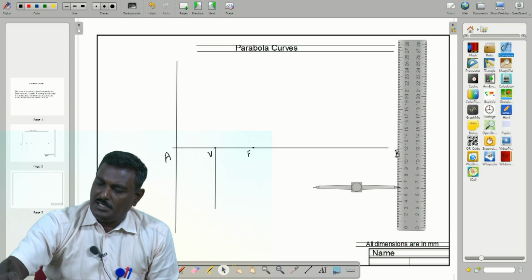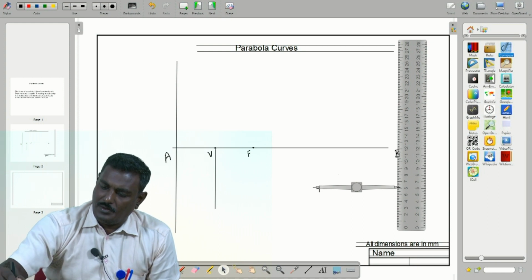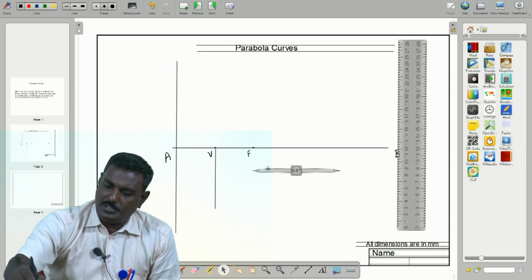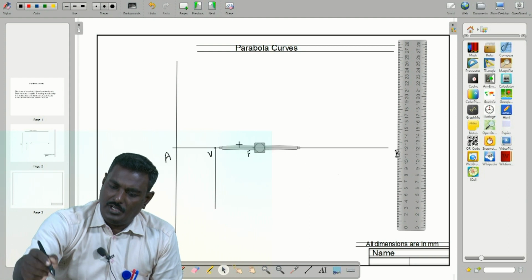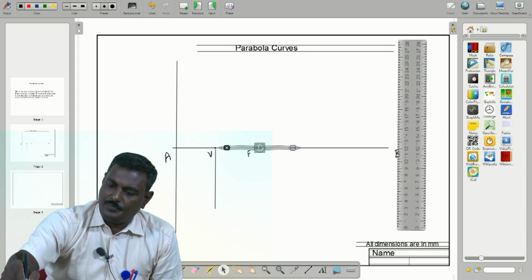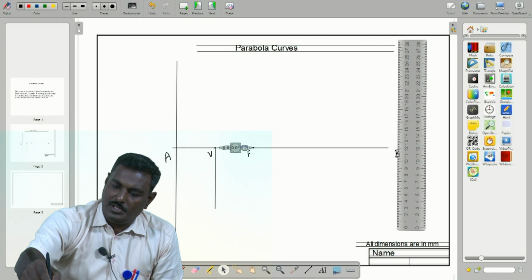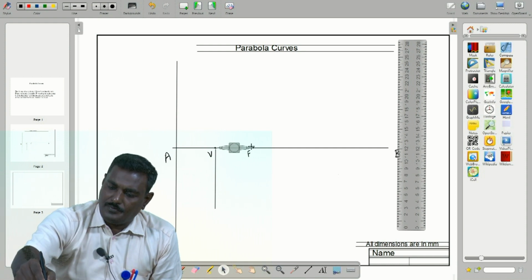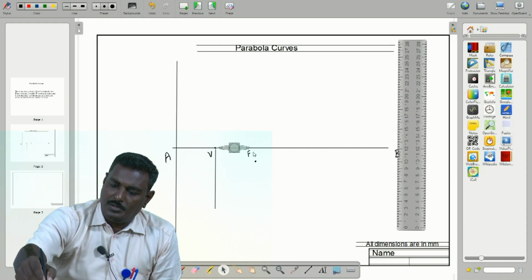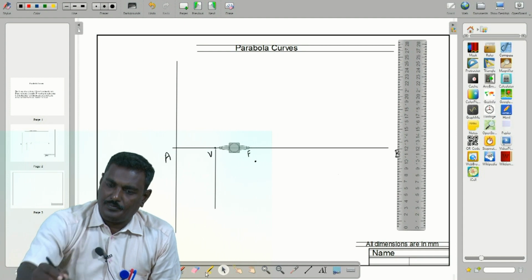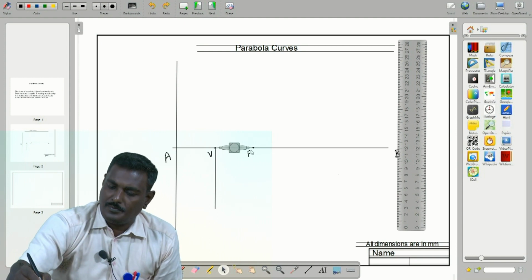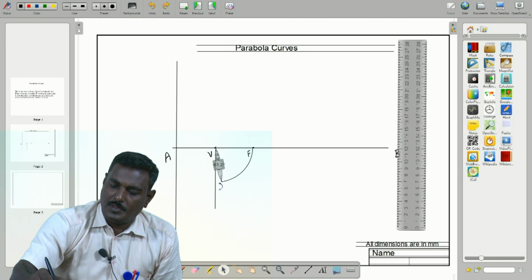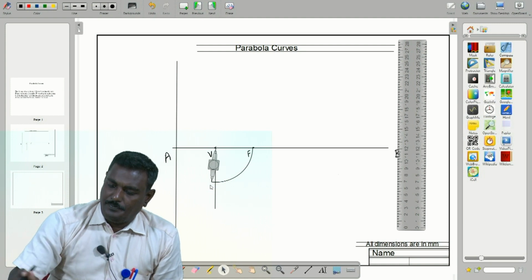By keeping the needle point on V, measure the distance to F. With this distance, make an arc.